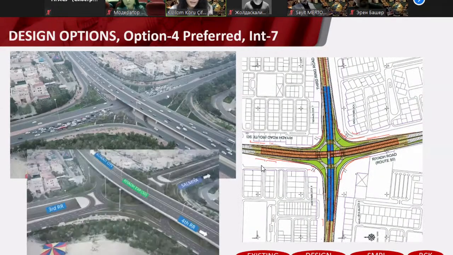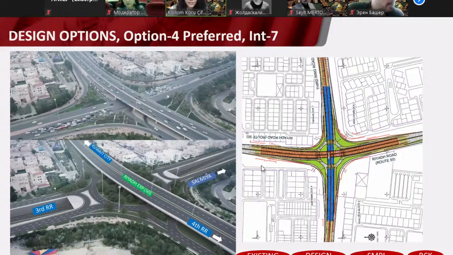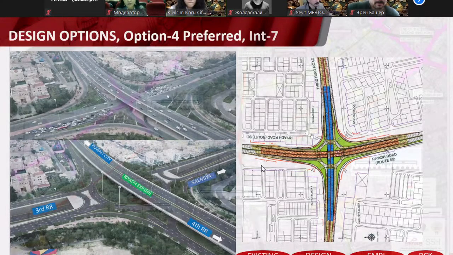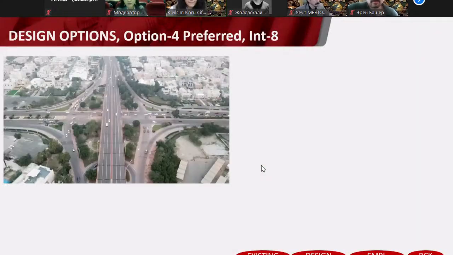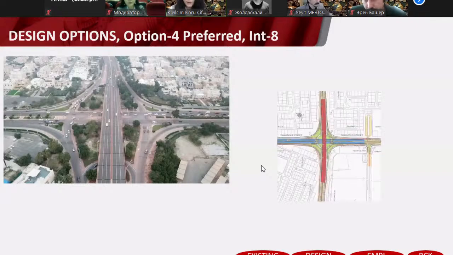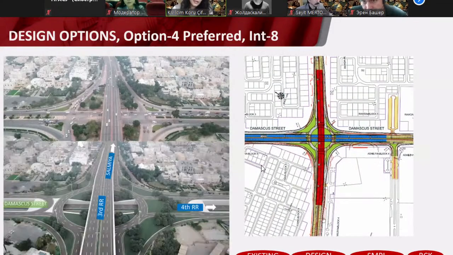We come up with a 3-level freeway interchange. For this one, there was a diamond interchange. We come up with again a 3-level interchange with a roundabout.